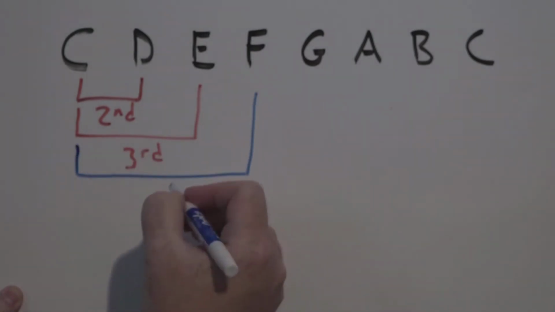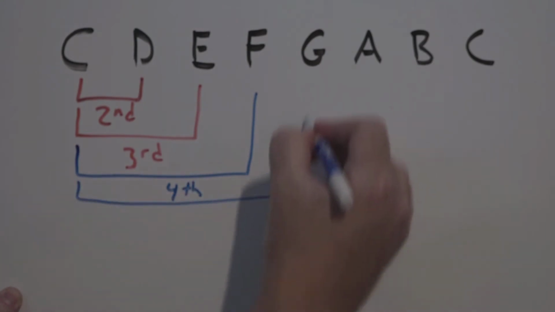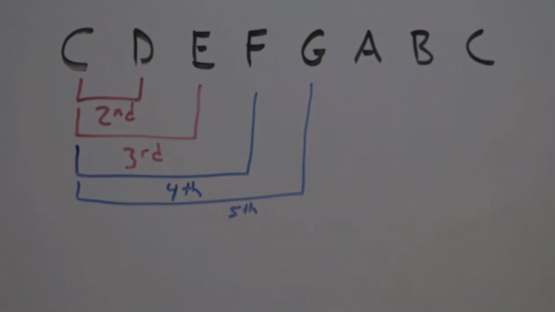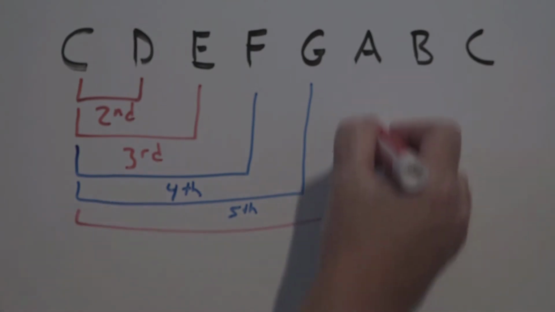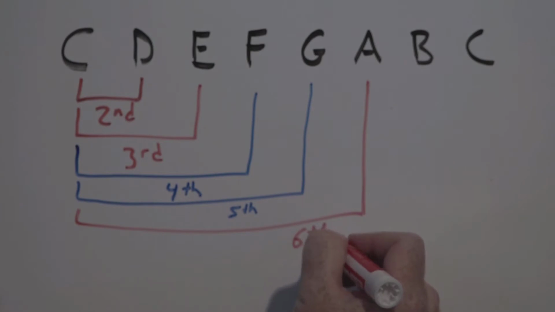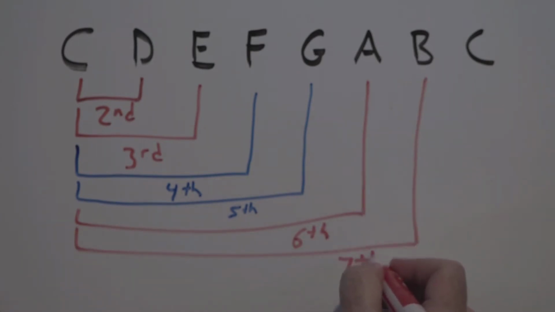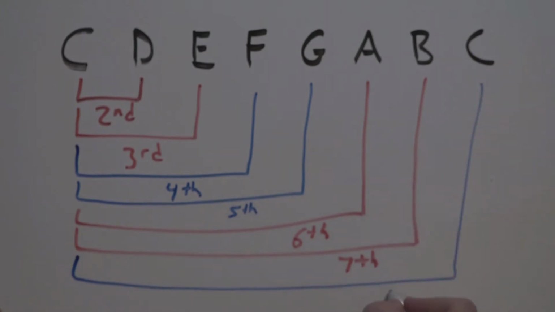C to an F is a fourth, a fifth, a sixth, a seventh, and then finally an eighth or octave.